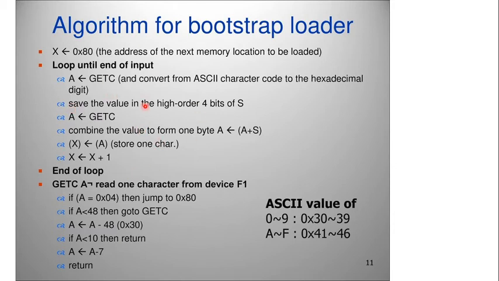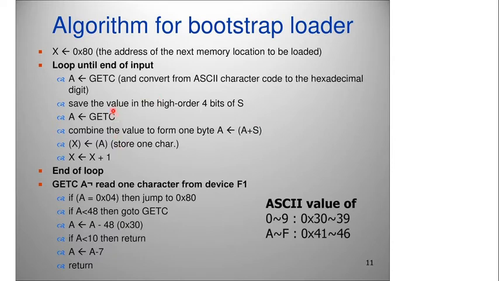You can see X is initialized to 80 because you need to start loading from the address 80. Whenever you talk about the ASCII codes of any character, for every character you have the ASCII code. Based on that ASCII code, every time you generate a 1 byte number, and that 1 byte value will be loaded to the main memory.